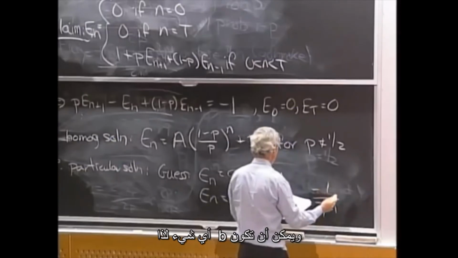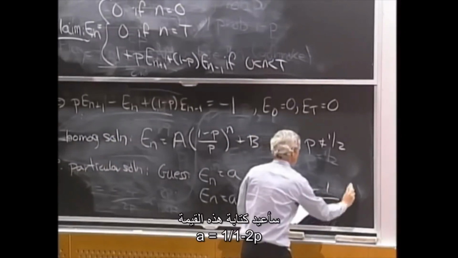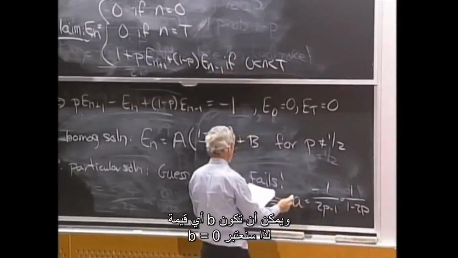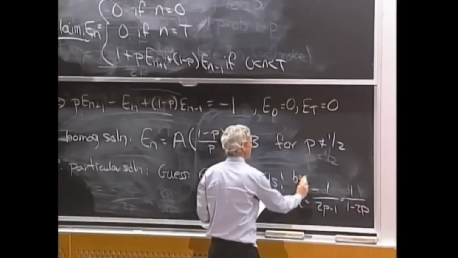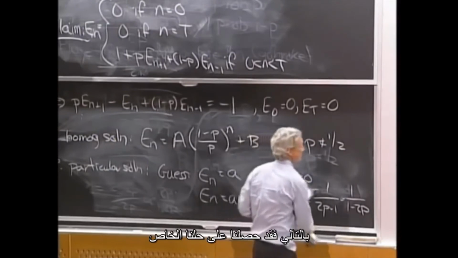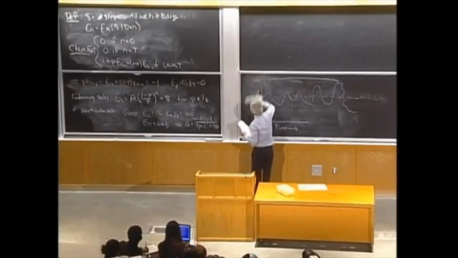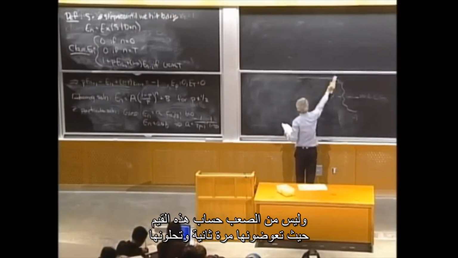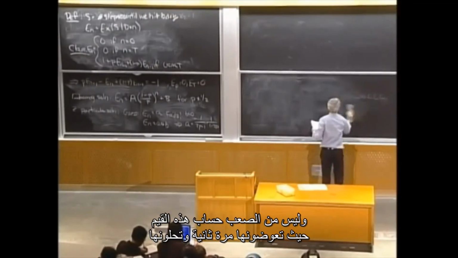And B could be anything, so let me just rewrite this as 1 over 1 minus 2p. And B can be anything, so we'll set B equal to 0. All right, so we've got our particular solution. It's not hard to go compute that. You just plug it back in, solve.